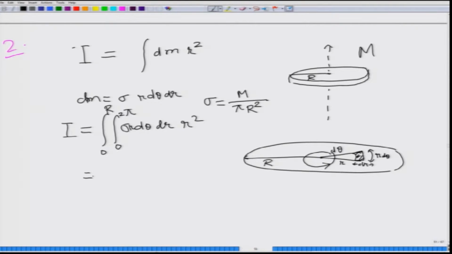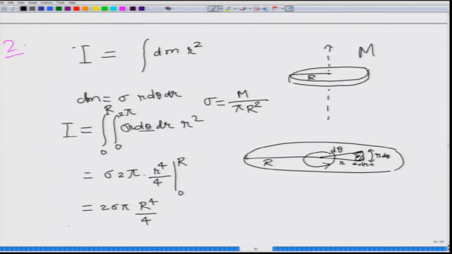Now we integrate it. For the theta integration we get 2 pi because there is no theta dependence, and for the r integration we have r square times r, so r cube, whose integral is r raised to the power 4 by 4, from 0 to capital R. So it is 2 sigma pi R to the 4 by 4.